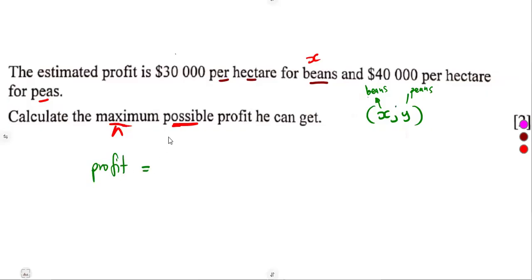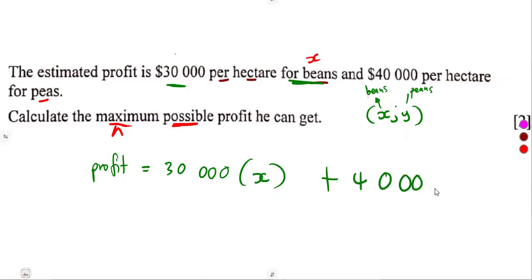They told you that 30,000 per hectare for beans, which is x, plus 40,000 is already given as our profit for each hectare that you have for peas. They already gave you that.